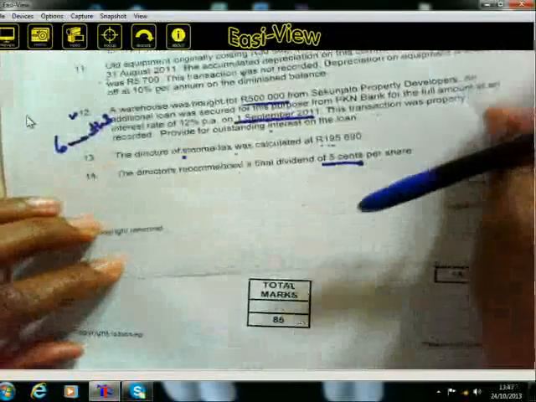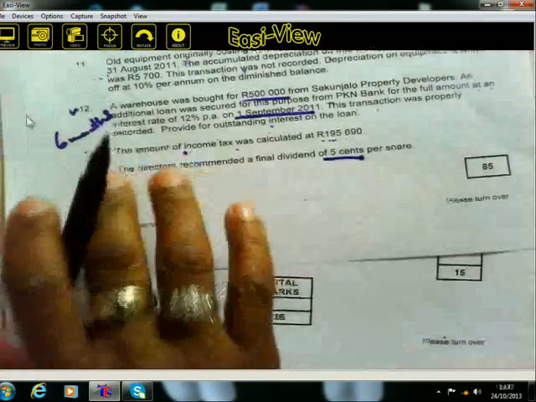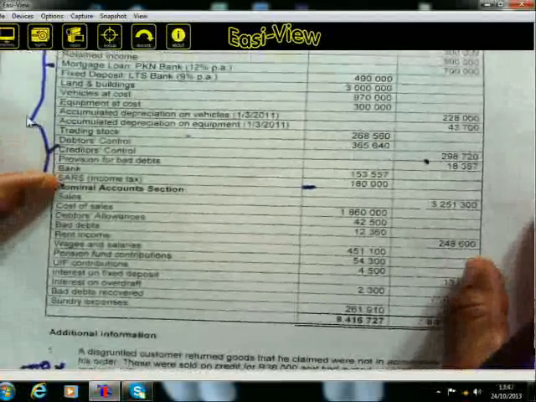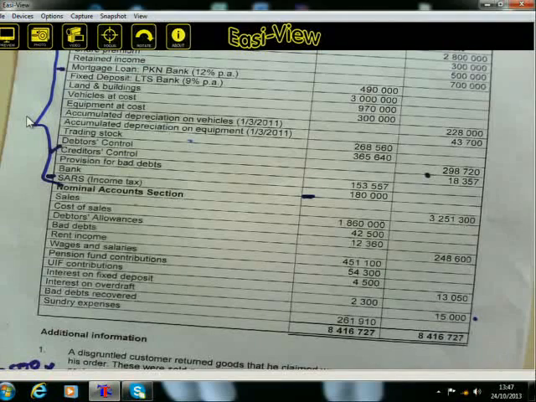Remember, it was said it's 5 cents per share. Where do we get that? We go back to the extract, then we consider our ordinary share capital so that we are able to know how many shares were issued.